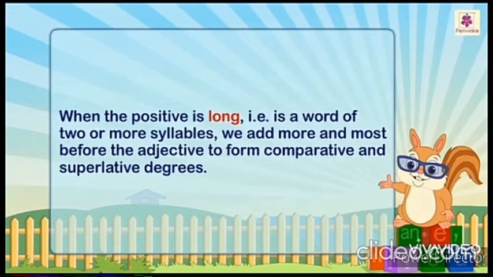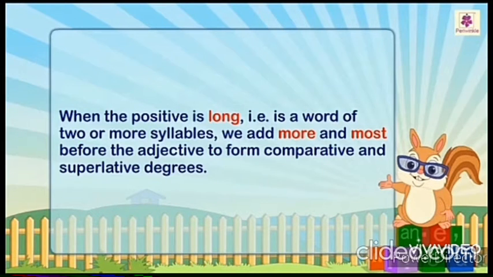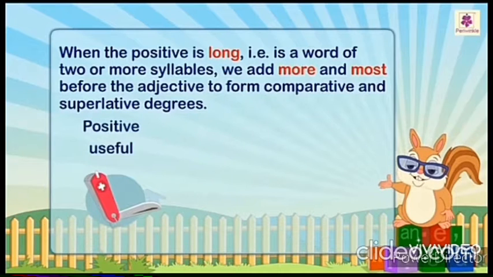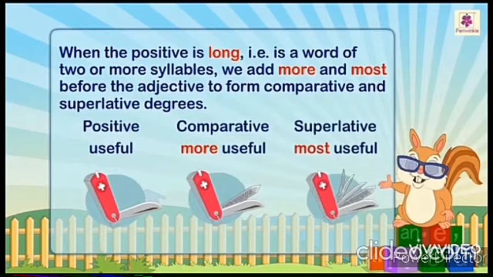When the positive is long, that is a word of two or more syllables, we add more and most before the adjective to form comparative and superlative degrees. For example, useful, more useful, and most useful.